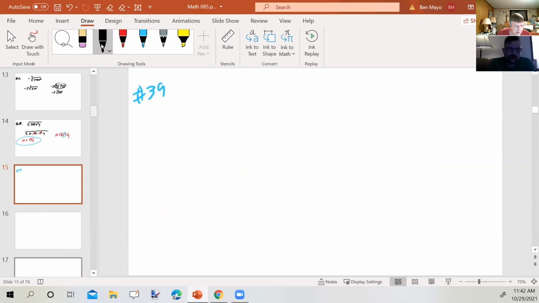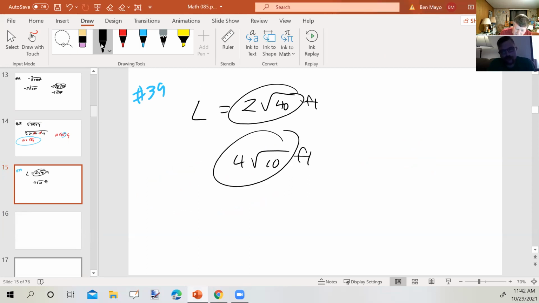Here, again, the answer that they had wasn't wrong, it just wasn't complete. They had L equals 2 square roots of 40 feet, okay? The correct answer was 4 square roots of 10 feet. Now, how do you get from what they had to the correct answer?